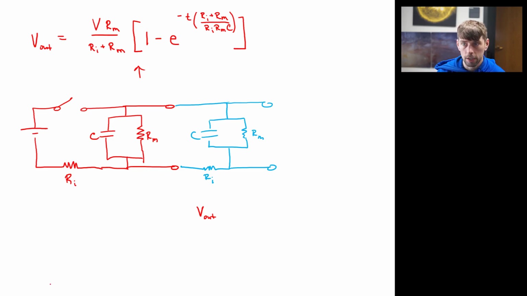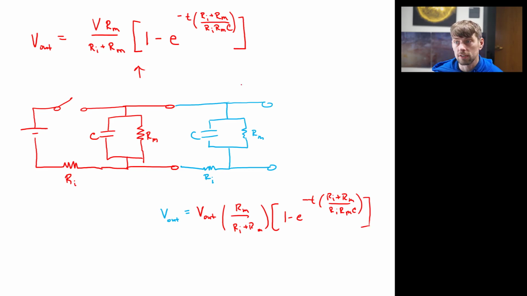And so if I want to know the output for the blue circuit, I'll do it in colors. It's the output from the red circuit times all of this rigmarole, right? So I've got to do it again. Rm over Ri plus Rm times this sucker, 1 minus e to the negative t times Ri plus Rm over yada, yada, yada, right?